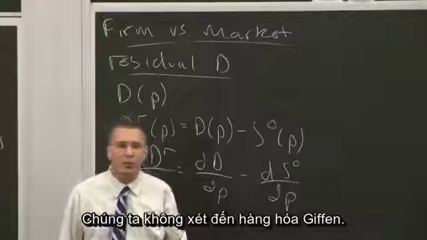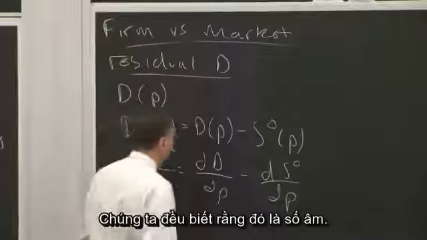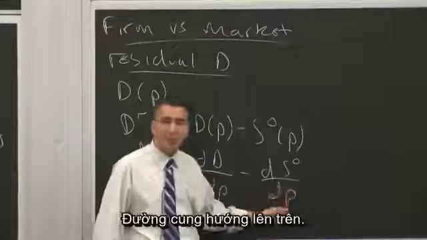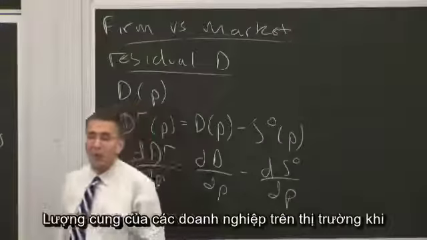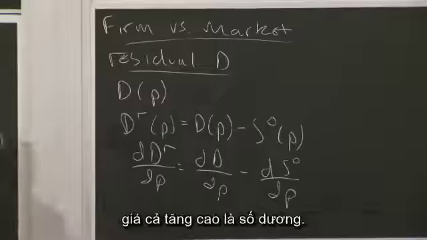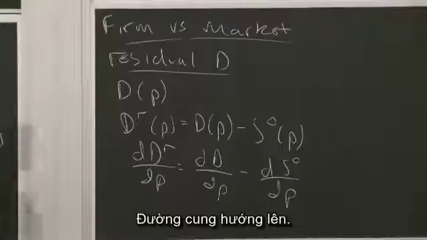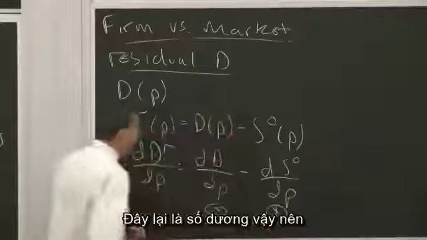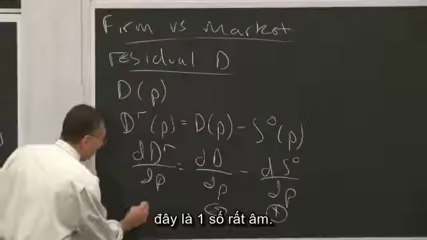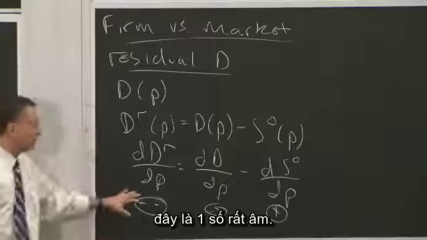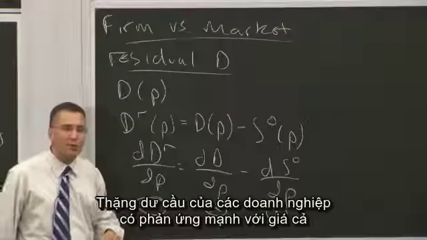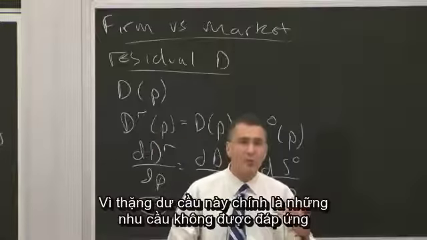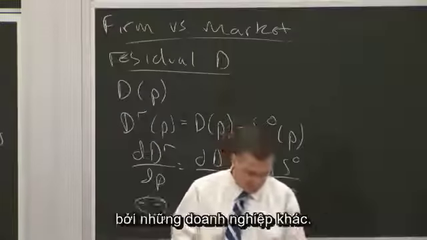We're not assuming Giffen goods. But this second term is a positive number. Supply curves slope up. The amount that other firms in the market will supply as the price goes up is positive. So this is a negative number, but this is a positive number being subtracted, which means by definition this is a very negative number. The firm's residual demand responds more to price than the market's demand does, because the firm's residual demand is after all the supply of other firms.